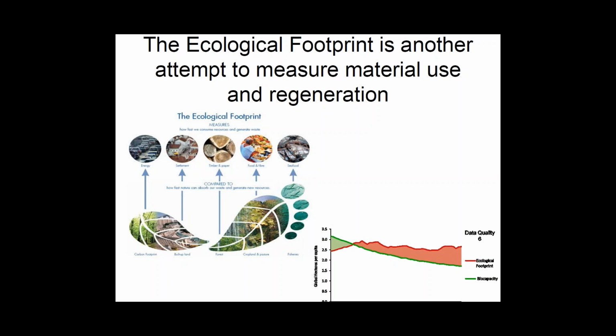This approach looks at how much natural resources there are in the world, which is called biocapacity, the capacity of nature to provide resources, taking into account the new production it creates every year, as well as the stuff that's already there, in comparison to the consumption that people have of those resources.